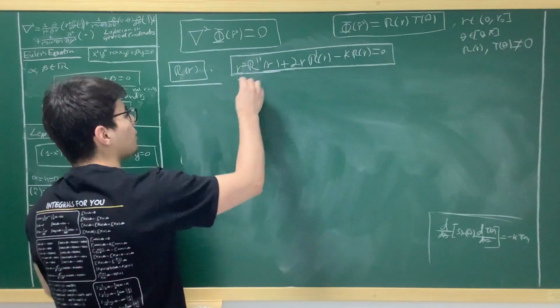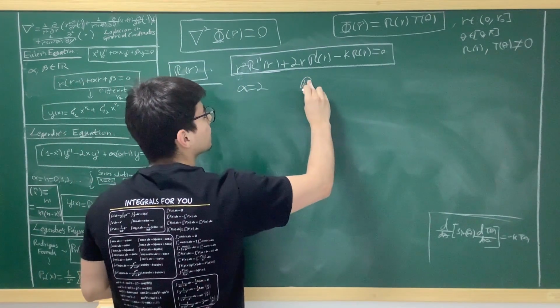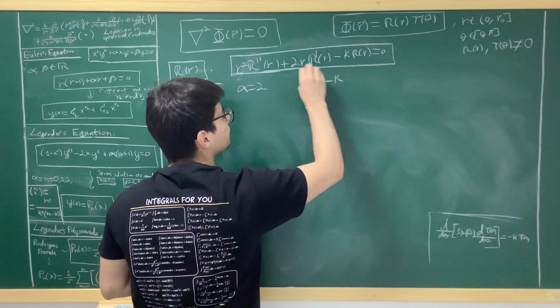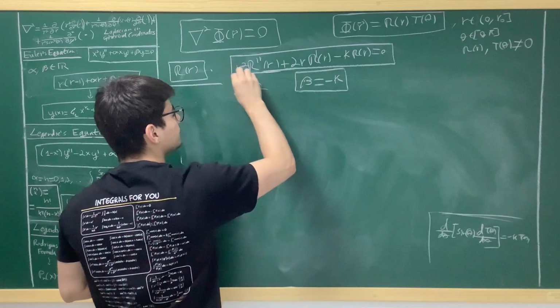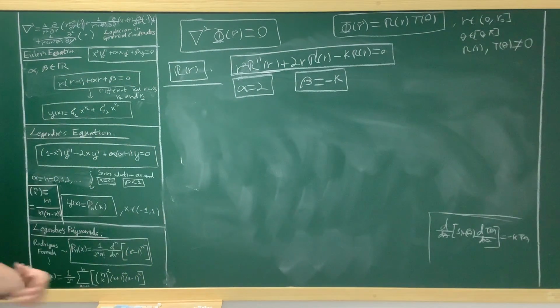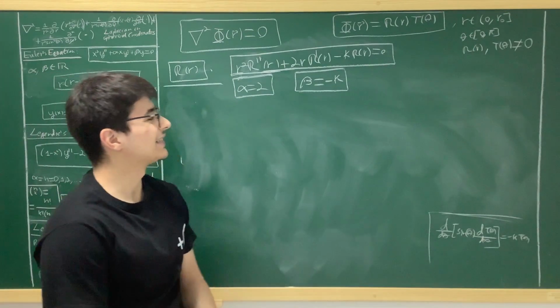So in this case alpha is 2 and beta is just negative k.